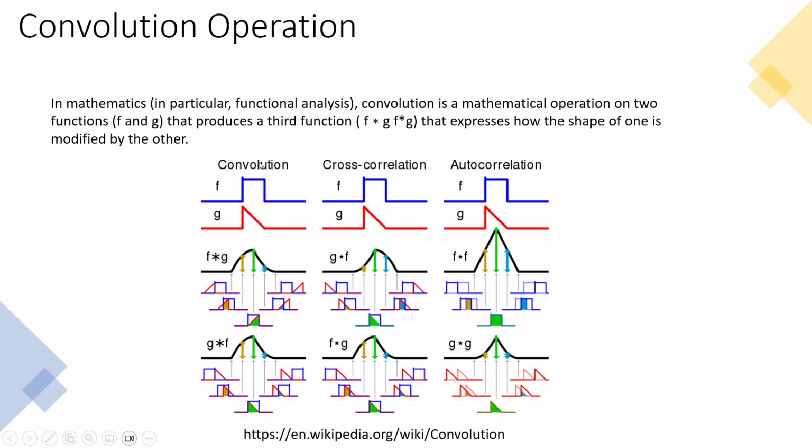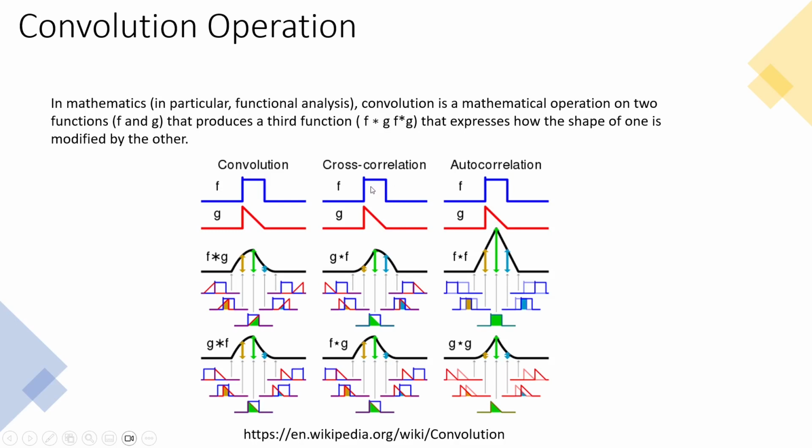Let's try to make some examples. This is, for example, a convolution operation on function f, which is this one, and function g, which is this one. If you convolve these two functions, for now let's assume that this is a magical operation. If you apply magic on these two functions, you come up with a function something like this, which is yet another function produced from these two functions, f and g.